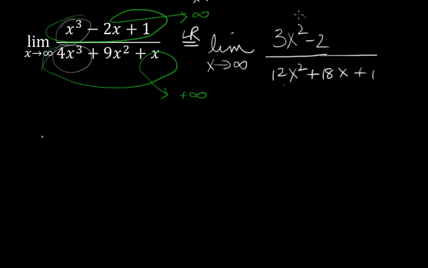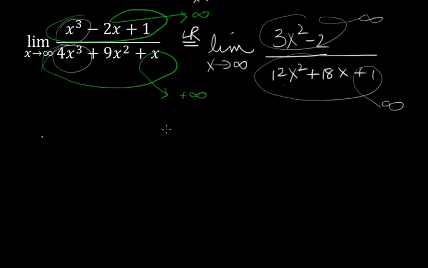Well, again, we have infinity over infinity. 12x squared is becoming infinite. So we have the same type of indeterminate form, and that allows us to use L'Hopital's rule again.